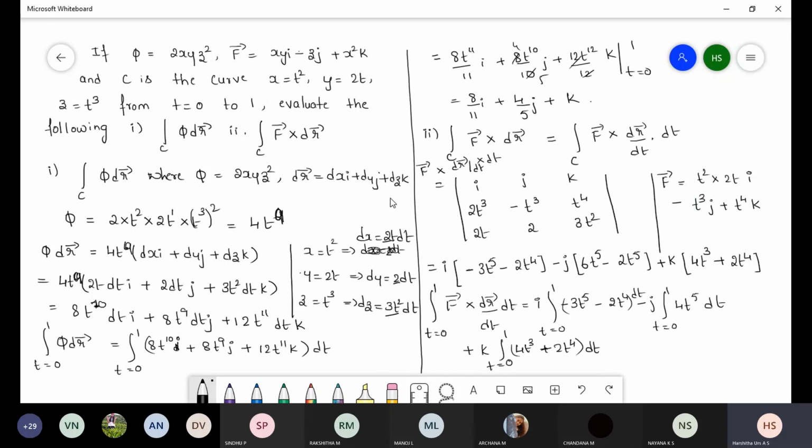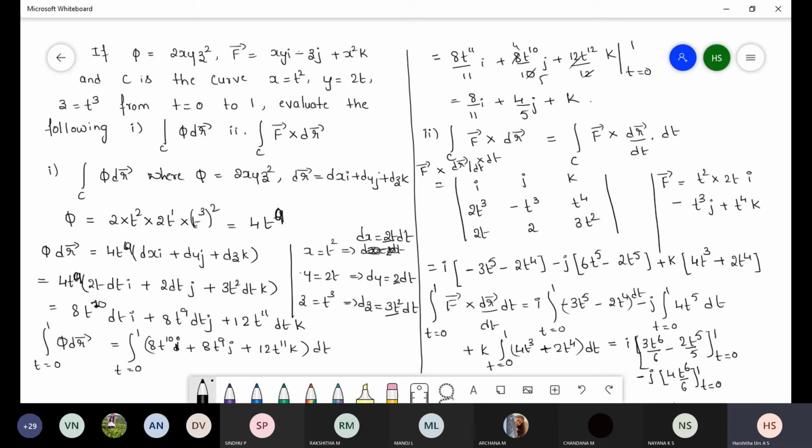So here again I into 3t power 6 divided by 6 minus 2t power 5 divided by 5, t is equal to 0 to 1. Again minus j into 4t power 6 divided by 6, t is equal to 0 to 1.